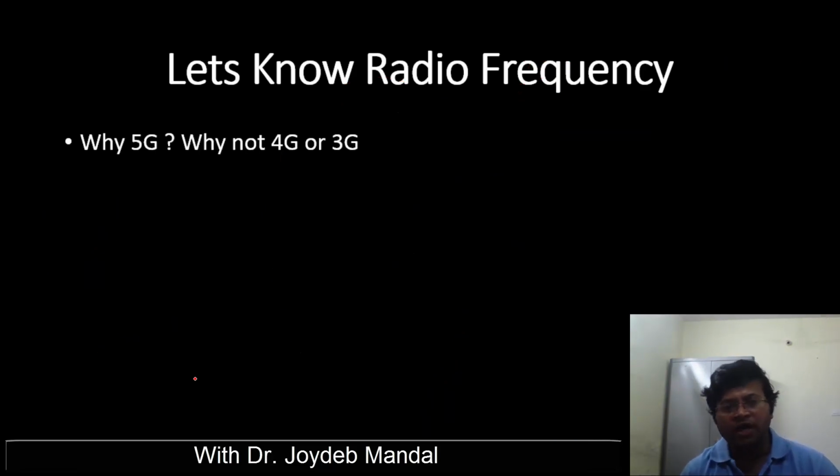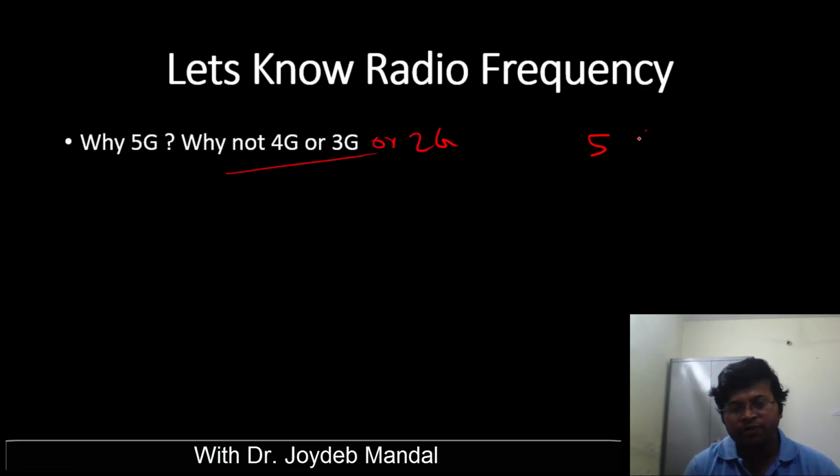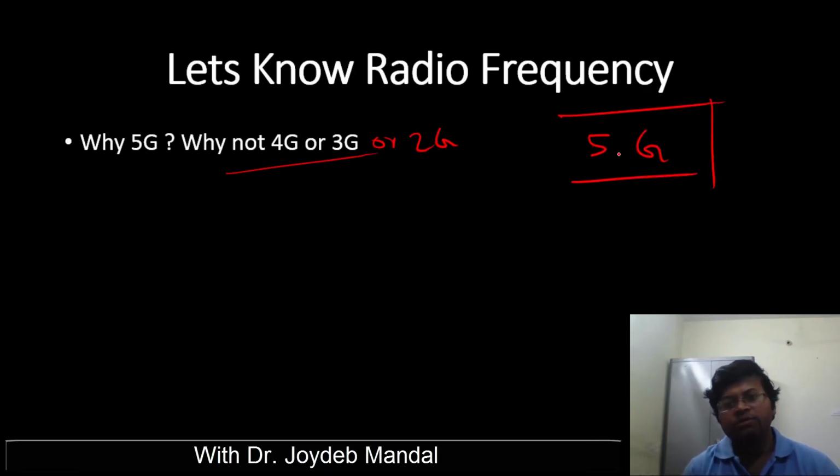Now I am coming to why 5G, why not 4G, 3G or 2G. 5G is an abbreviation for fifth generation. What about the frequency? For 5G frequencies there is still a debate going on.